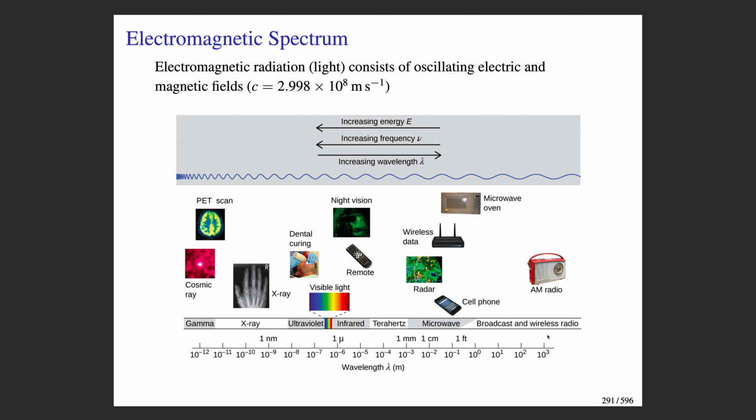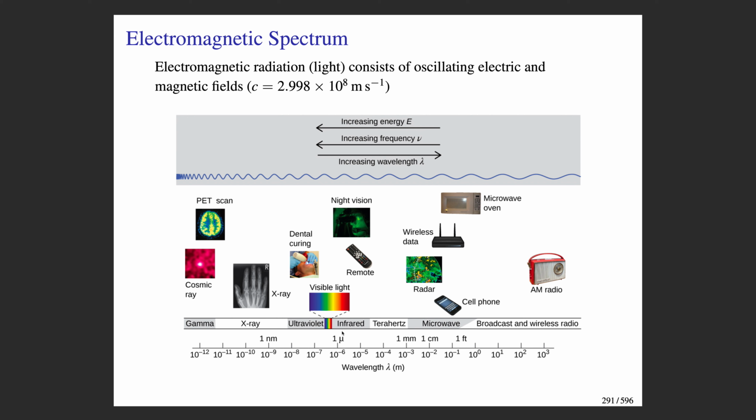So most of chemistry is over on this side of the electromagnetic spectrum. Here we're talking about what we'll find out are very high energy waves in the gamma radiation. We don't typically deal with that in chemistry.